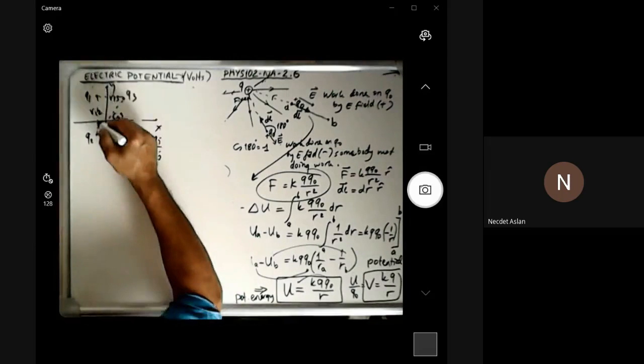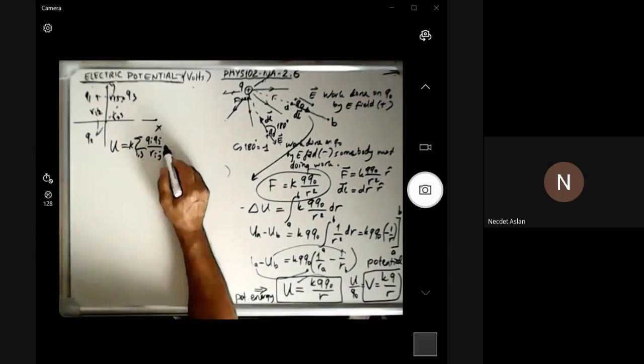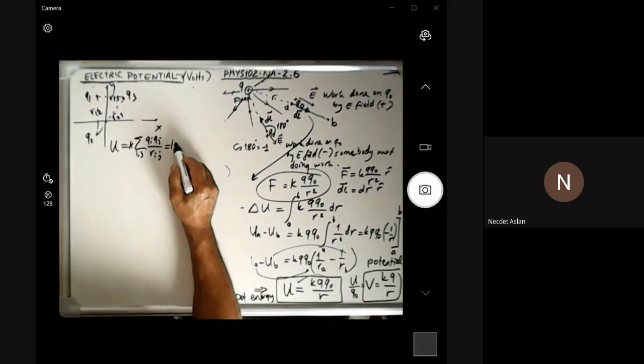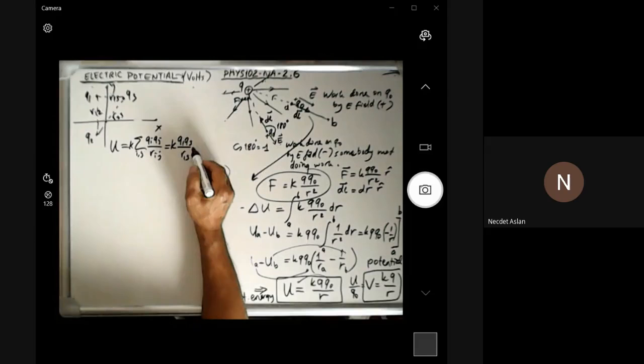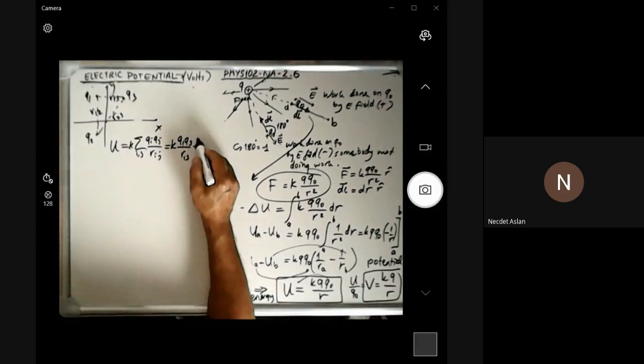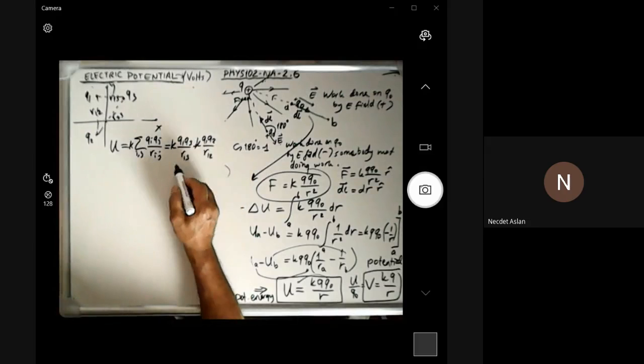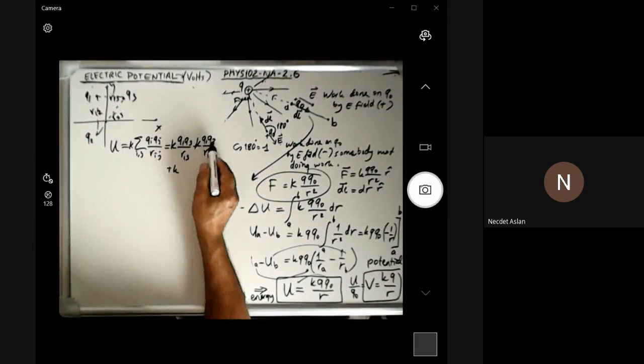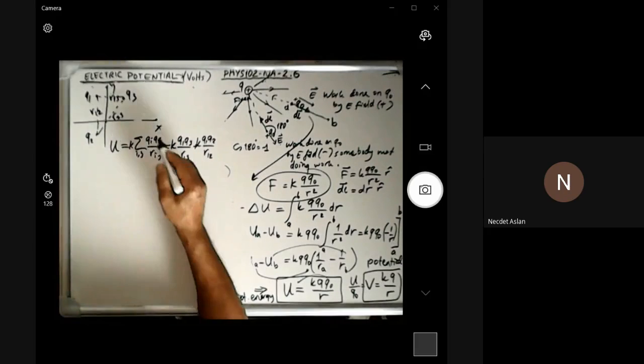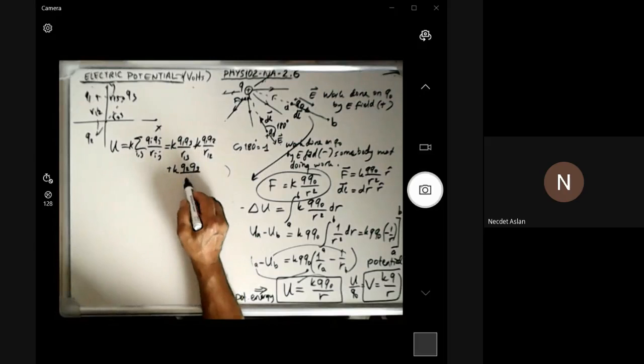It shows you that you have to get all the combinations. So this is now K times Q1 Q3 over R1,3 plus K Q1 Q2 over R1,2 plus K now 2 and 3. So as you see, you consider all the charges against each other, R2,3.